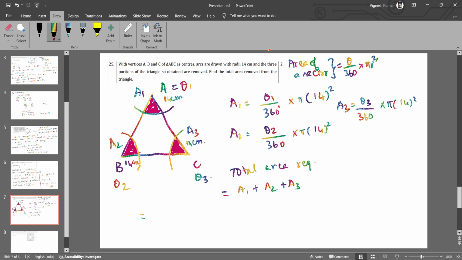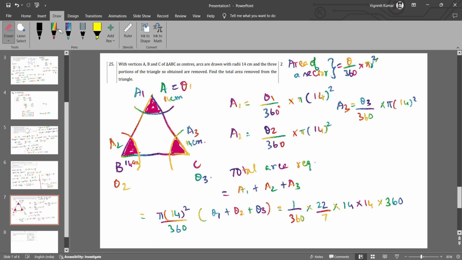If you observe here, 1 by 360 into pi 14 square is common in all these three terms. So I will take pi 14 square divided by 360 as common, and inside the bracket I will be having theta 1 plus theta 2 plus theta 3. Theta 1 plus theta 2 plus theta 3 is nothing but 180 degrees, since the sum of all angles in a triangle is 180 degree. So I will have 1 by 360 into 22 by 7 into 14 into 14 into 180.